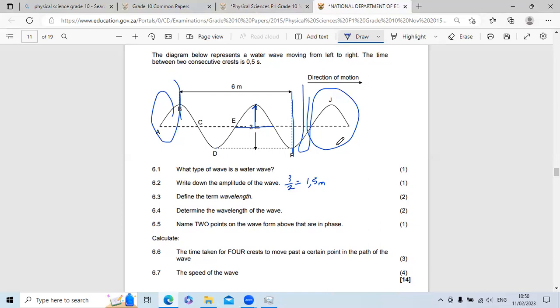Yeah. So this is one wave and half a wave. So you're going to end up with 6 meters being divided by 1.5, and your wavelength is going to be 4 meters.